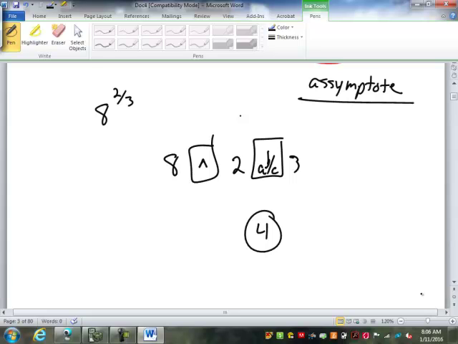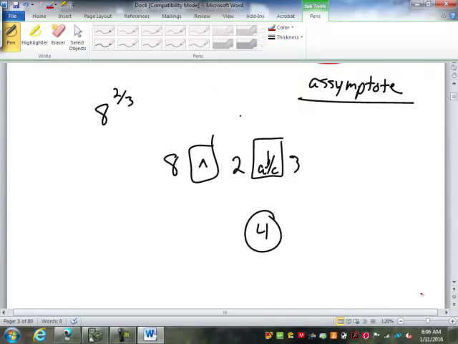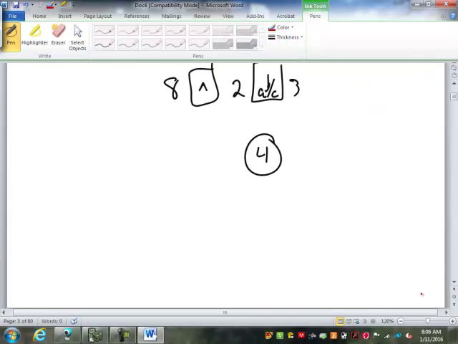Why? Not just because your calculator told you so. Why is that 4? Well, let's step back a little bit. What's that symbol mean? Square root. What is the square root of 4? 2, or there's another option, -2.